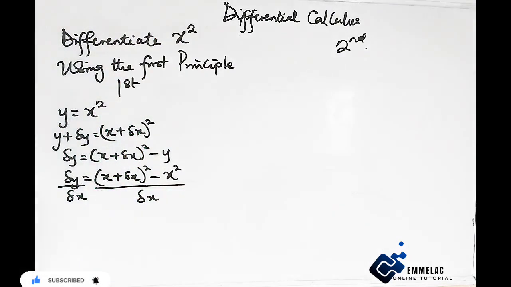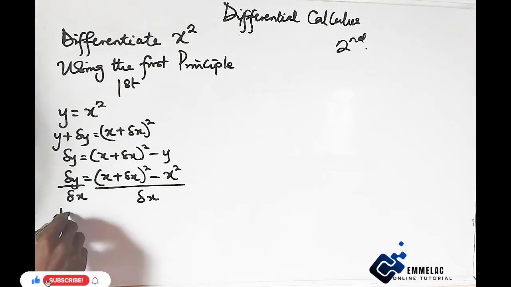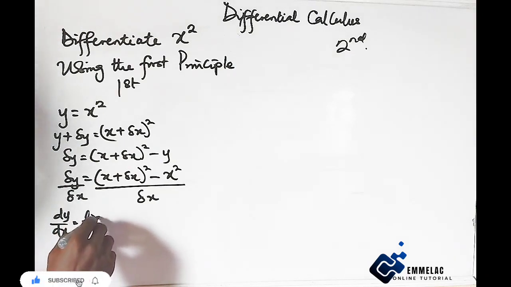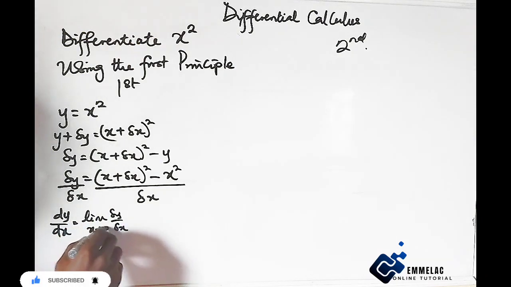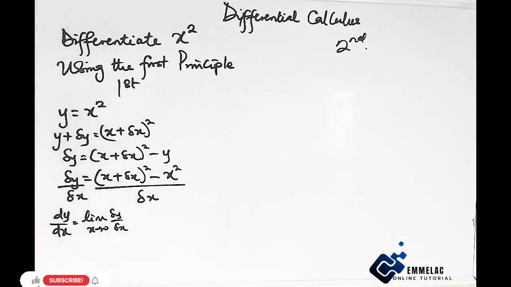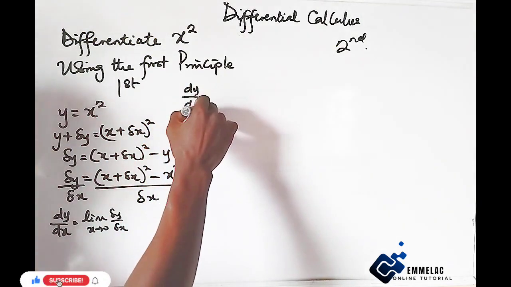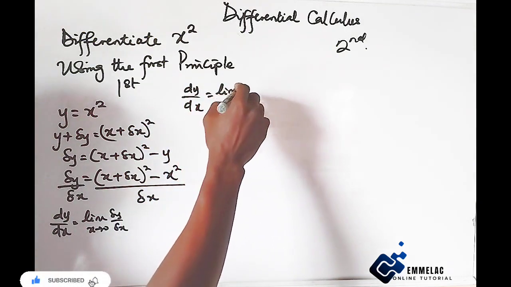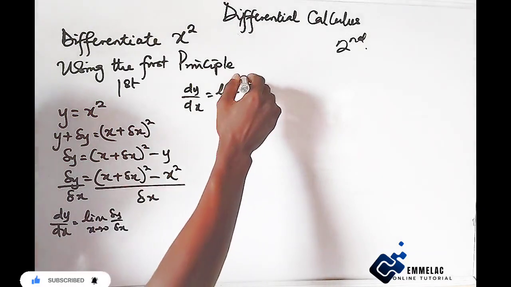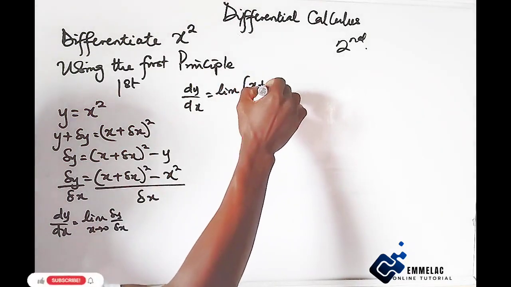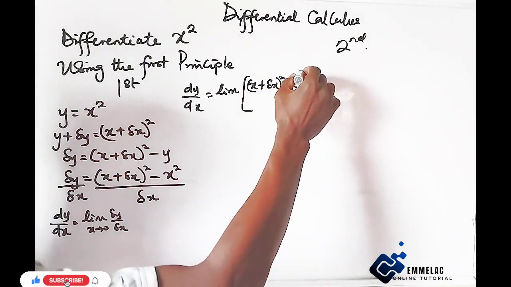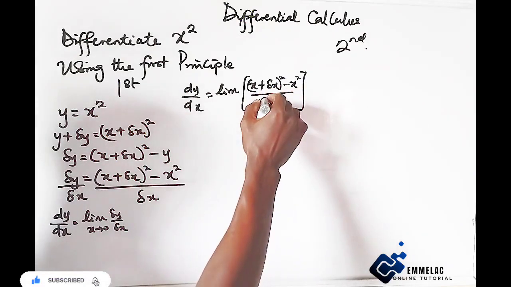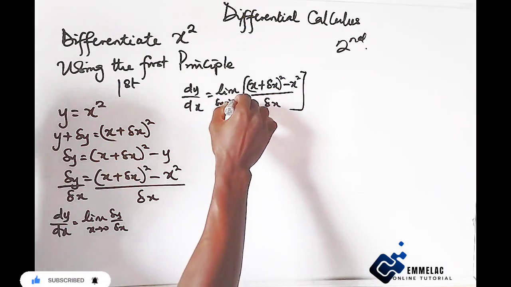Okay, so at this point now, dy over dx equals the limit of change in y over change in x as change in x tends to 0. So dy over dx then equals the limit of x plus change in x all to the power of 2 minus x to the power of 2, all over change in x, as change in x tends towards 0.